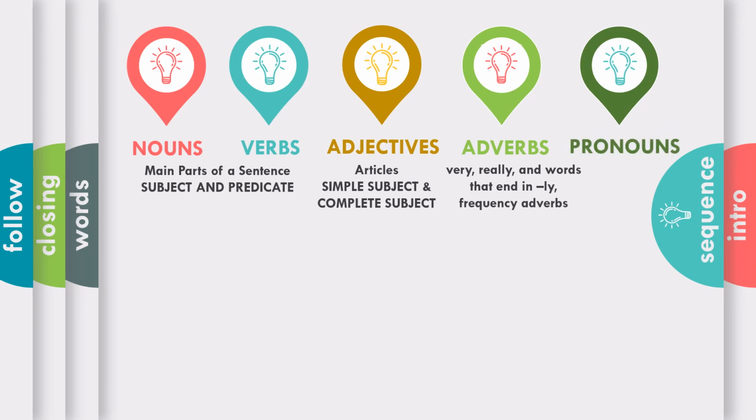Now, when you teach the pronoun, teach only the subject forms of the personal pronouns to begin with. So these are the I, you, she, he, it, we, you, and they. The object forms can wait until you are ready to introduce prepositions.